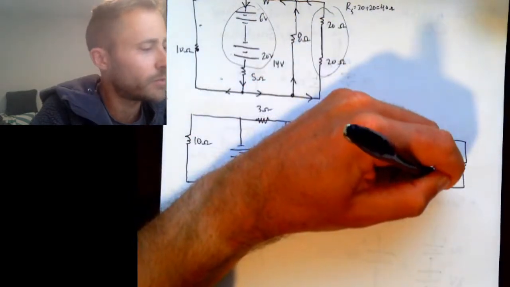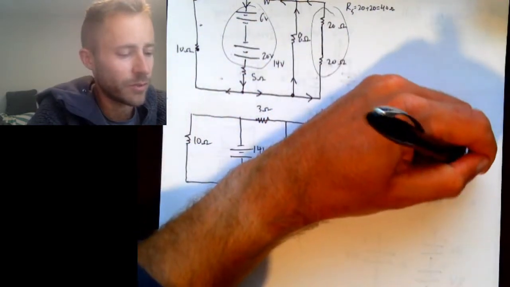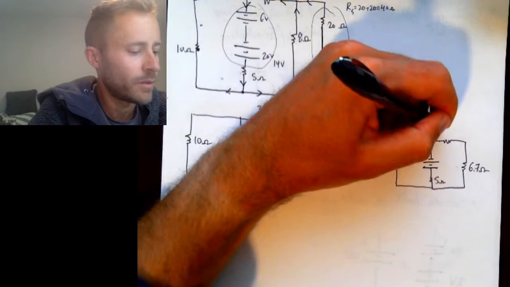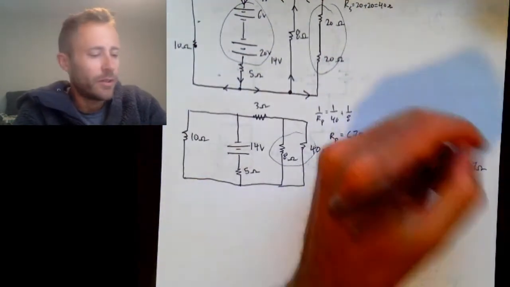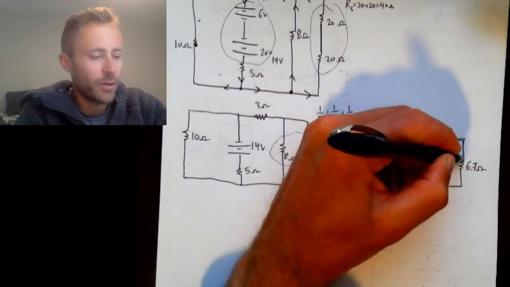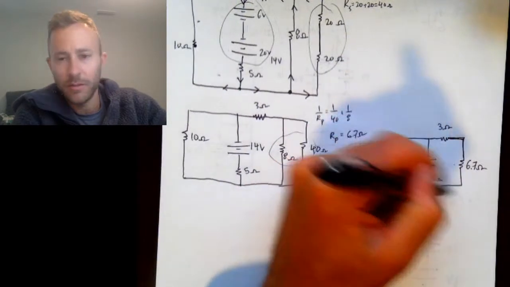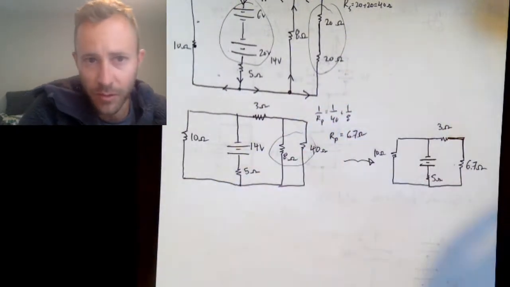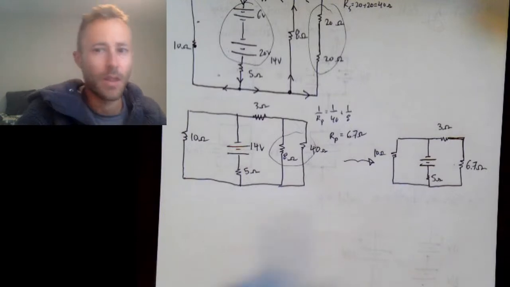Ohms, 5 ohms, and I'm replacing these two with a single 6.7 ohm resistor. 3 ohms. Okay, now I see that these two are in series because I can go from here to here without the wire forking. If I go around a different way, it does fork, but remember, if there is a single path that doesn't fork, then they are in series. Okay.